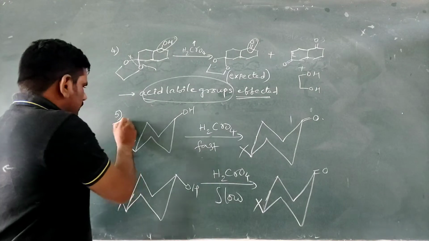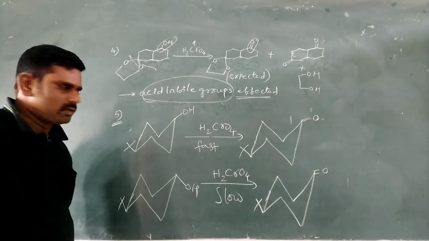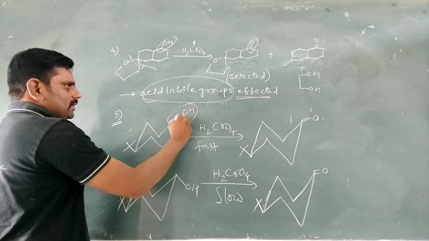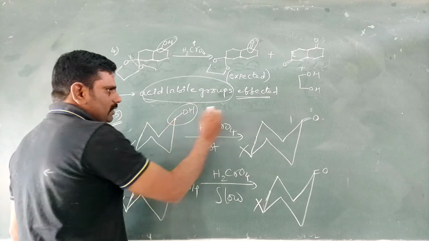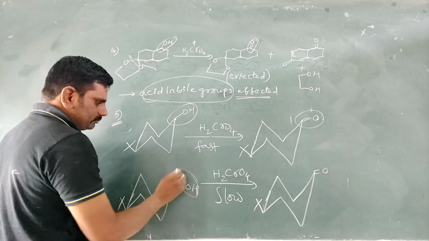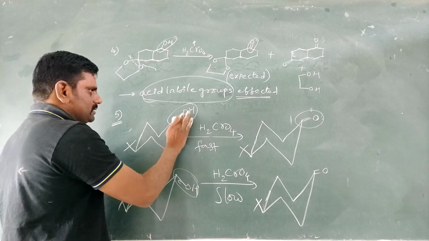And we will see the next applications. It is the chair form of cyclohexane. This OH group is a secondary alcohol. It is converted into a carbonyl compound, that is ketone. Here also, an OH group is at the equatorial position, and this one is at the axial position.